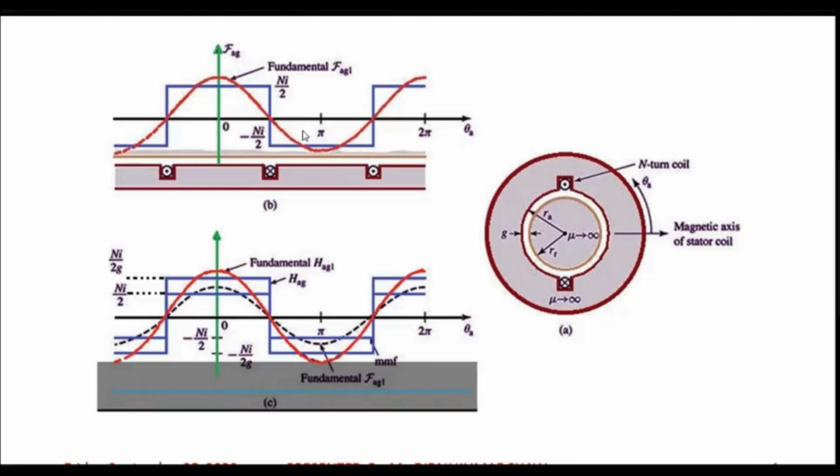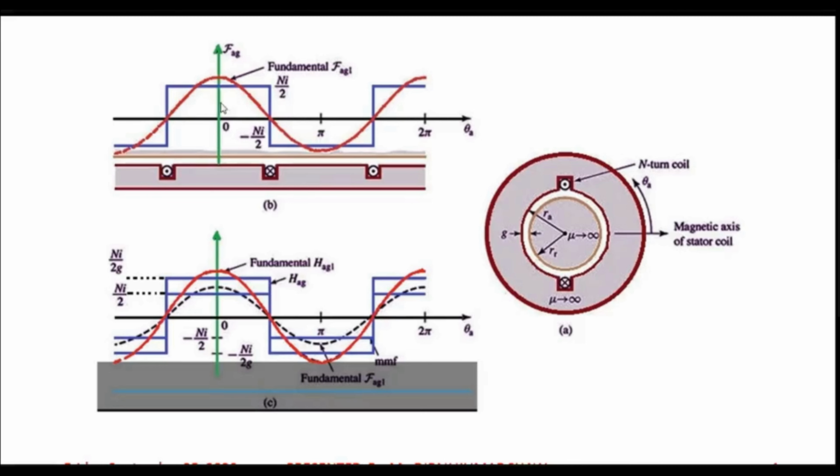And yes, there will be harmonic components also, because Fourier series expansion says that this non-sinusoidal waveform is represented by a summation of a large number of sinusoidal waves. So we are only considering the fundamental component, and of course there will be harmonic components.